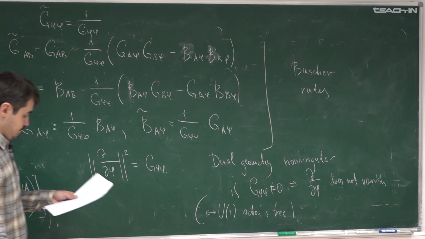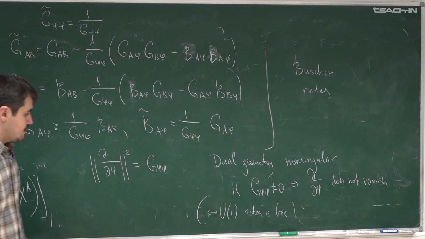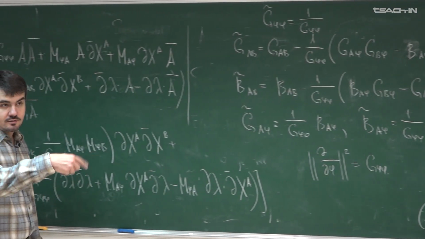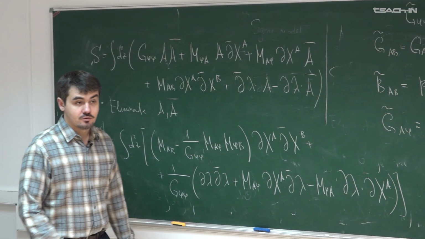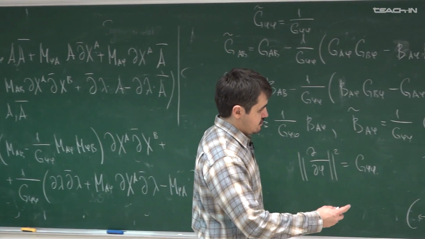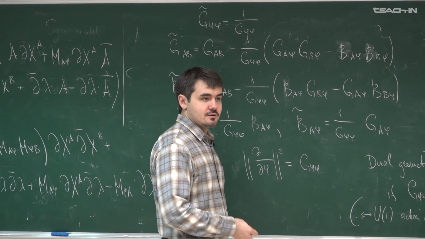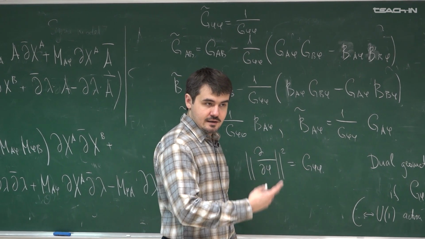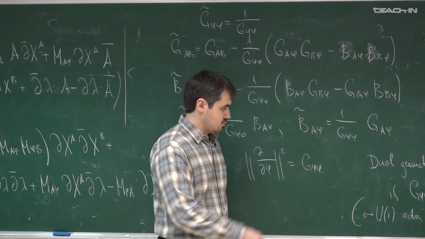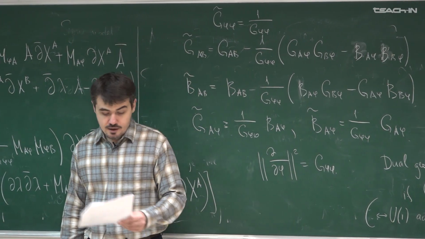So, for example, if you consider a torus, the U1 action that acts by rotating one of the coordinates of the torus is free. If you consider a sphere, the U1 action of rotation around an axis is not free because it has the poles as fixed points. So in that case, the dual geometry will be singular.